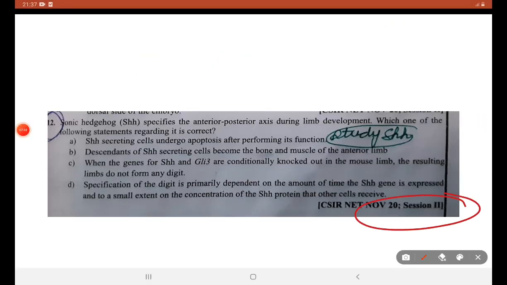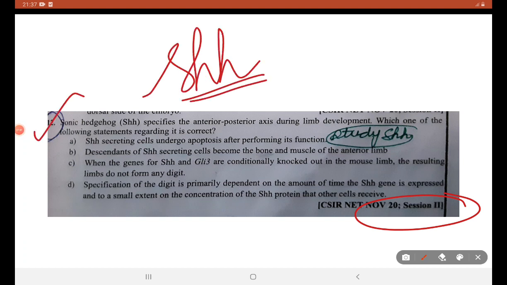Next question from November 2020, again from sonic hedgehog signaling system. Sonic hedgehog specifies anterior posterior axis during limb development. Which one of the following statements is correct? Hedgehog secreting cells undergo apoptosis after performing function. No. Descendants of hedgehog secreting cells become bone.